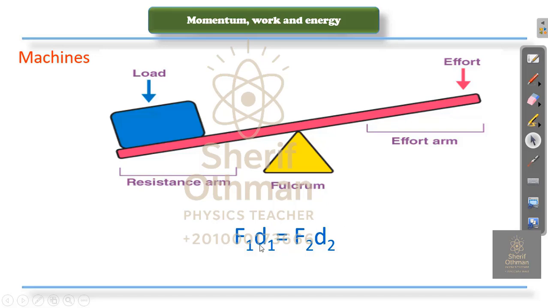As we said, F1 d1 equals F2 d2, or another way, we can write input force multiplied by input arm equals resultant force multiplied by the resultant arm.